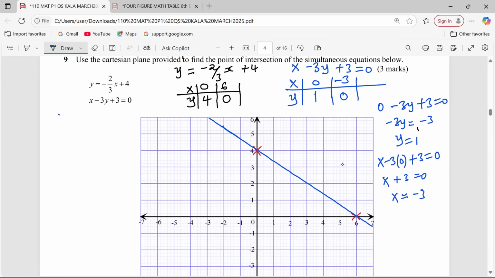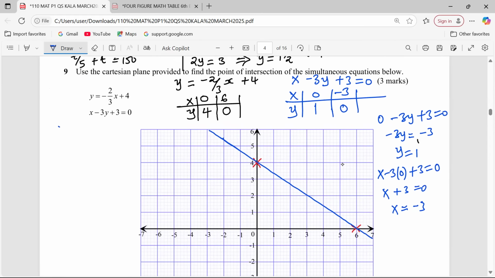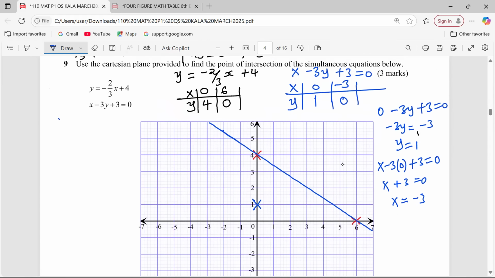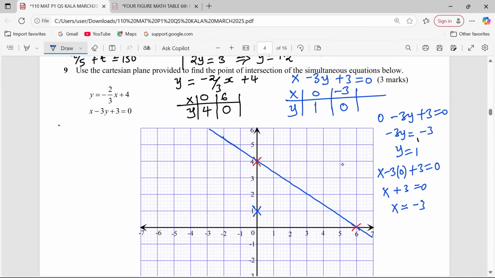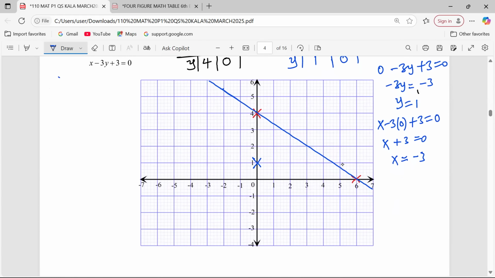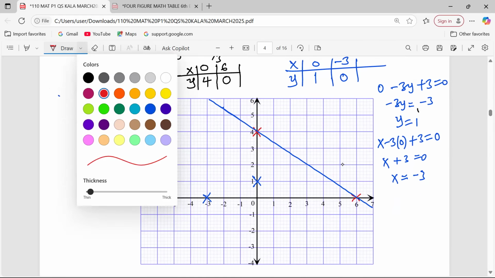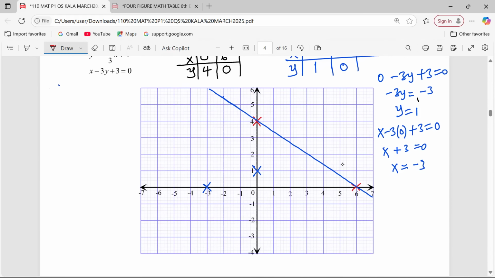So I'm dealing with 0, 1 at this point, and also negative 3, 0. So now we can do the second line using the intercepts. I'm giving you a secret. Using the intercepts makes your work very easy.